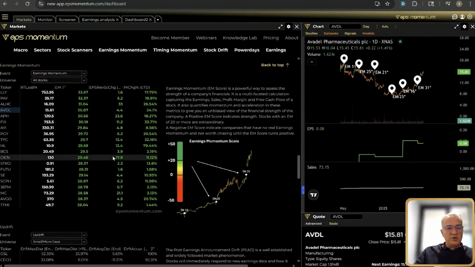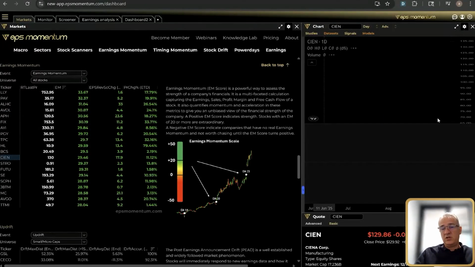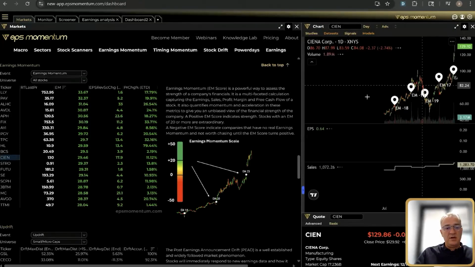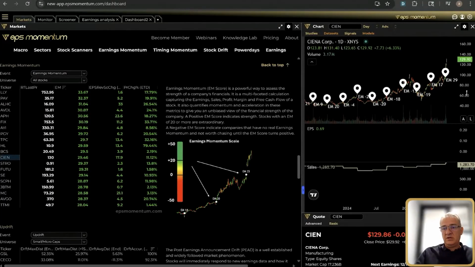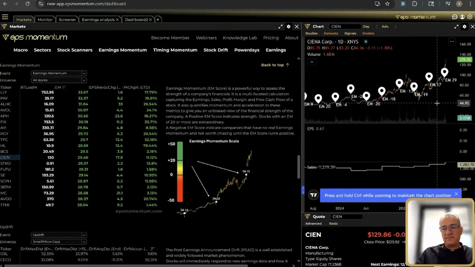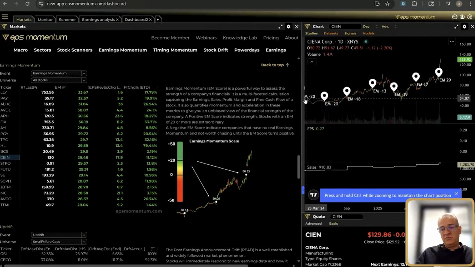Anyway, so this is a very quick scanner that helps you hone in on stocks very quickly that have great EM. They also have a positive revision score and price change since the beginning of the quarter. Their quarter, the earning quarter, which is unique. So see here we see minus 20, minus 20, minus 18, minus 13, minus 19.